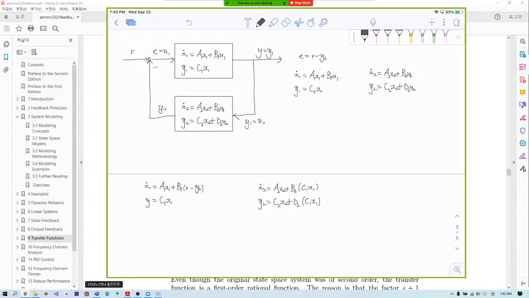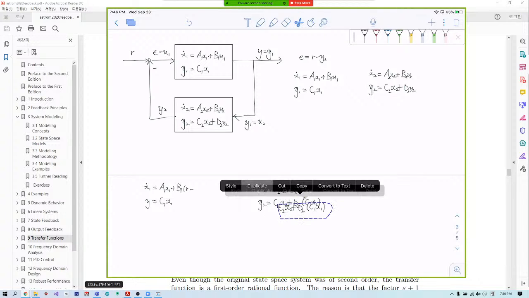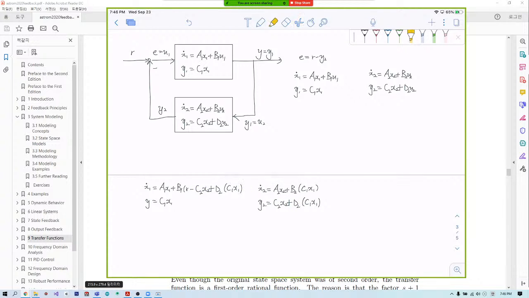And what's y2? y2 is again what we have here, correct?